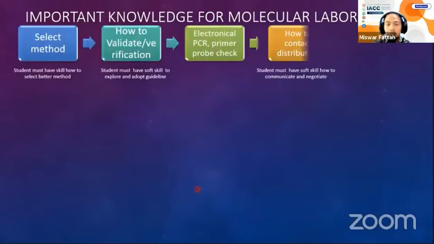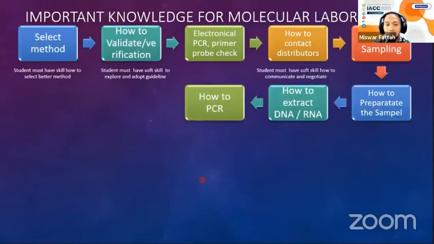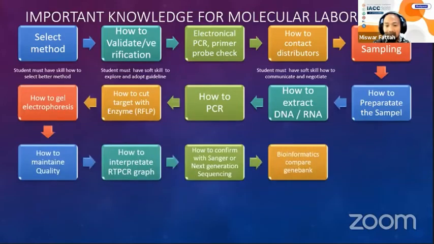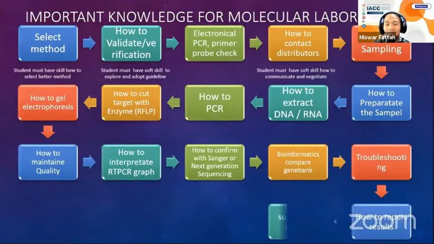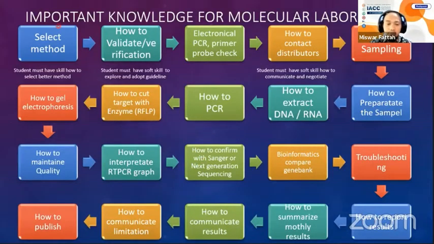Before we start molecular testing in our lab, we need to prepare our team's knowledge, because there are actually a lot of steps in a molecular laboratory. These are the steps we need to prepare before we run it. How do we select the method, because a lot of methods are available in the world now, especially related to SARS-CoV-2, and how do we validate or verify this test in our lab.